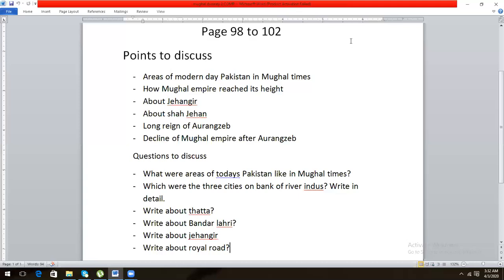Now I am going to explain about 3 cities on the bank of the river Indus: Bhakkar, Sakhar and Lori. These towns were in important positions for trade and defense. I'll give you some points. It had a small fort. Later it was rebuilt.